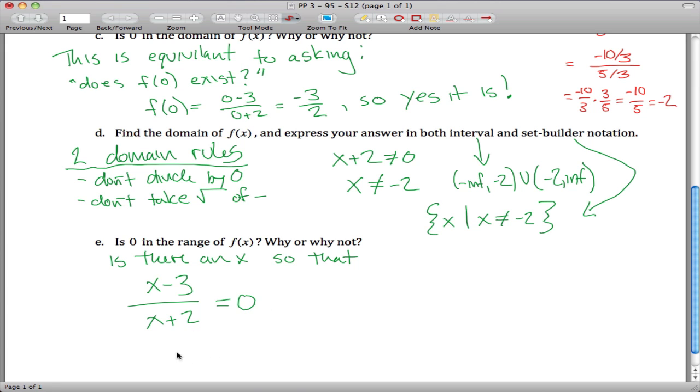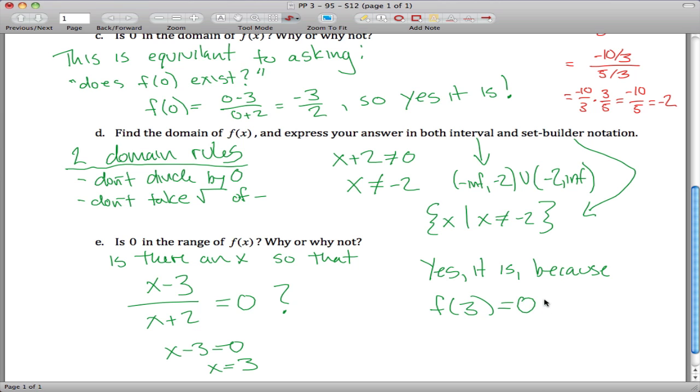Multiply both sides by x plus 2 and you get x minus 3 equals 0. Add 3 to both sides and you get x equals 3. So yes, it is, because f of 3 equals 0. Since 0 can come out of this function, 0 is in the range of f of x. And that is the end of this quiz.